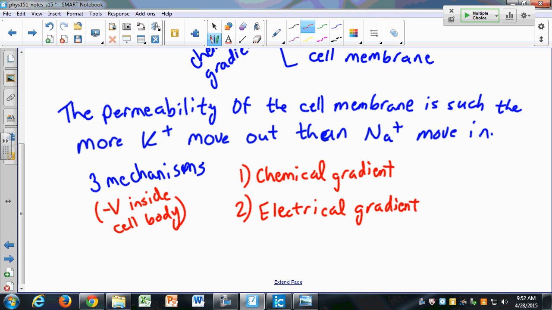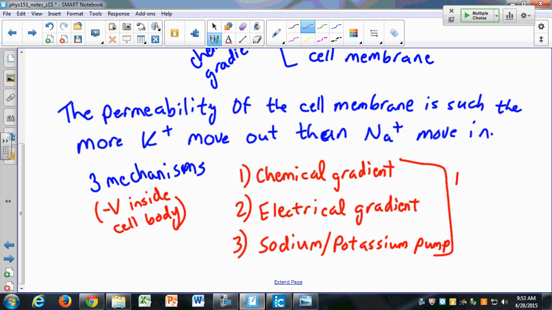And then the third thing, and your book talks about this a little bit, you also have a sodium-potassium pump. This causes the potassiums to come in and the sodiums to go out. But the net result of these is a resting potential of about minus 70 millivolts.